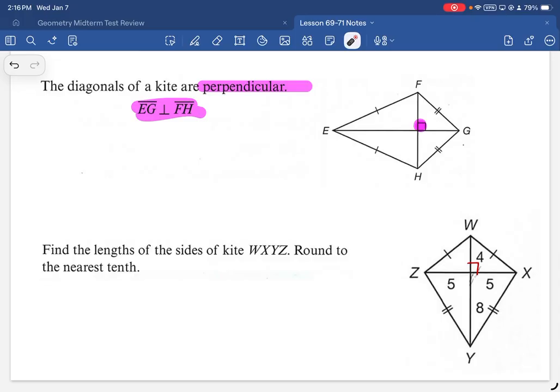Pythagorean theorem. Pythagorean theorem is going to give me this. And we know, you see these tick marks? If we find one, we found the other. And same here. You see this double tick mark? If I found one, I found the other. So, do Pythagorean theorem to find the sides of the kite.